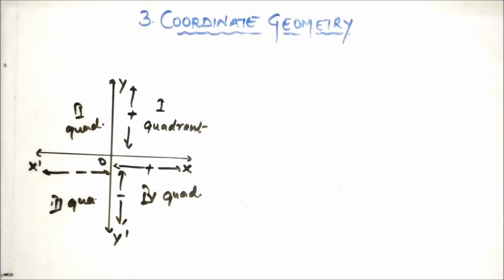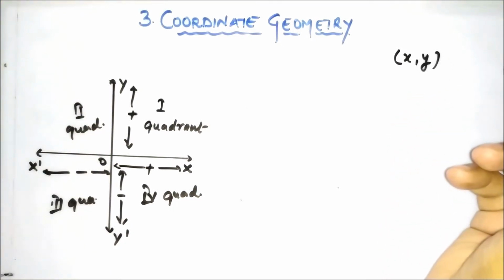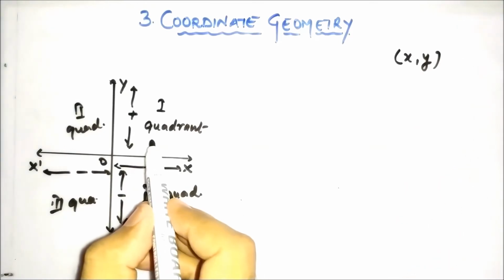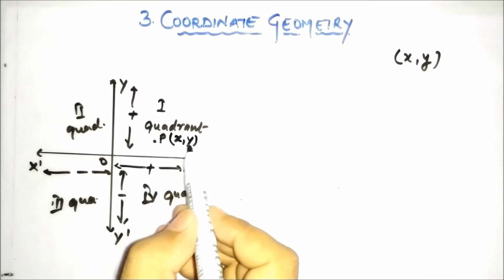Now any point on this Cartesian plane is represented as (x, y). Suppose I mark a point P here, it is represented as (x, y).